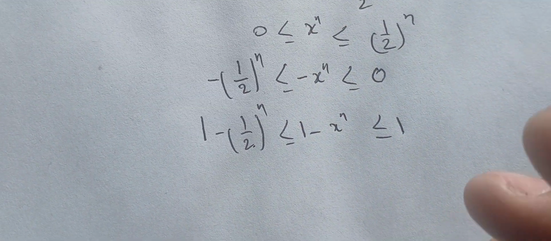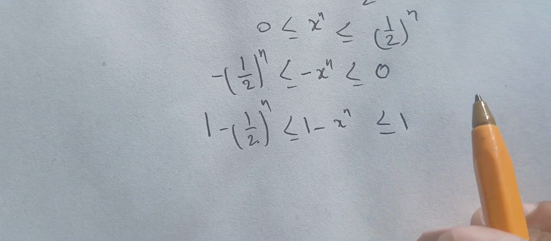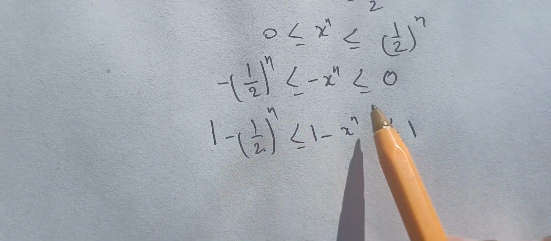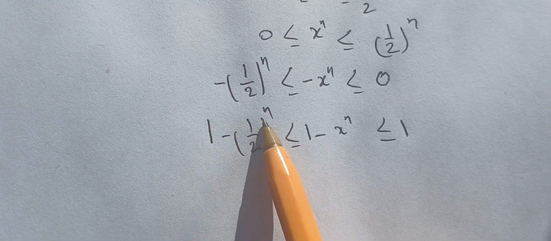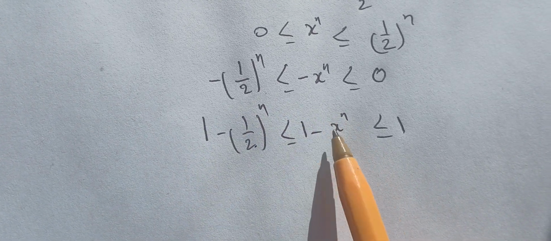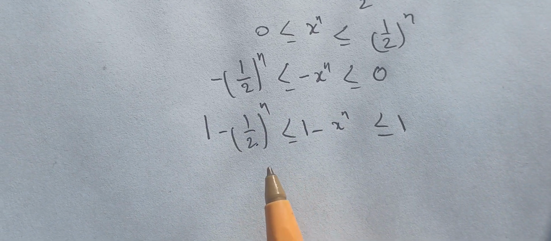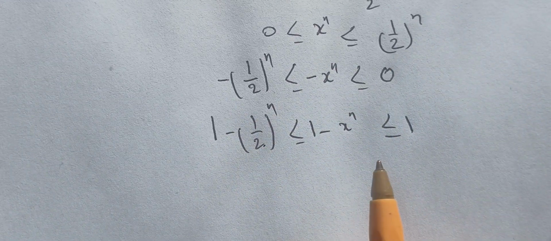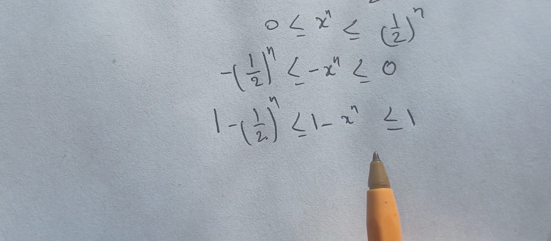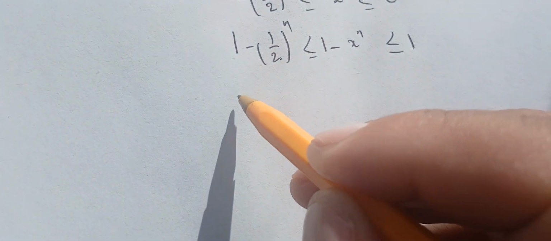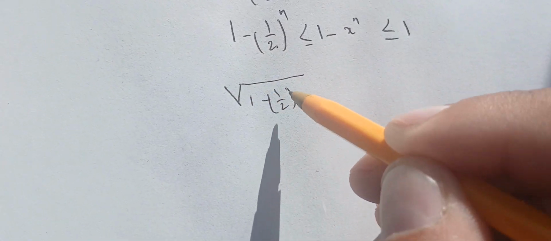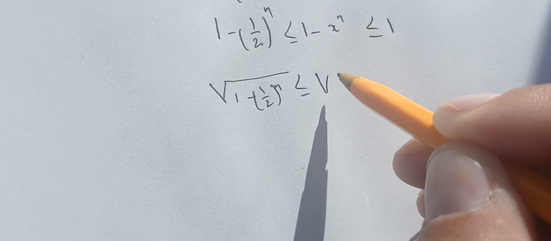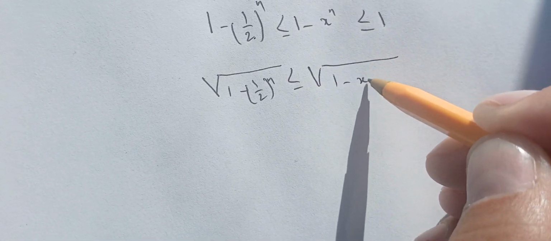Next, we know that the square root conserves the order. Everything is positive here. This 1/2 to the power n can never exceed 1. So this is positive, and the 1 is positive. Therefore, we can take the square root of everything. So taking the square root, we're going to have the square root of 1 minus 1/2 to the power n less than the square root of 1 minus x to the power n, less than 1.